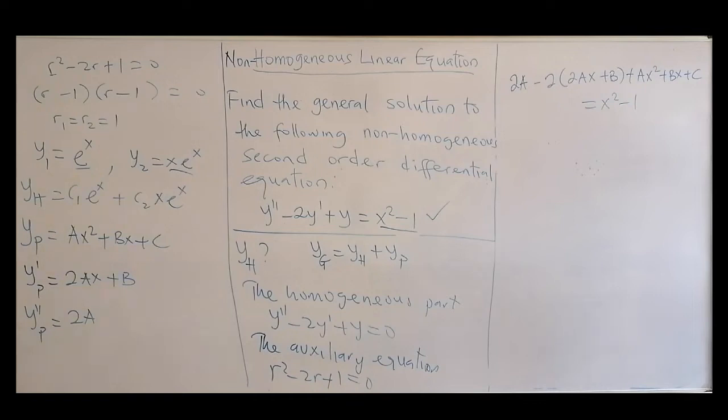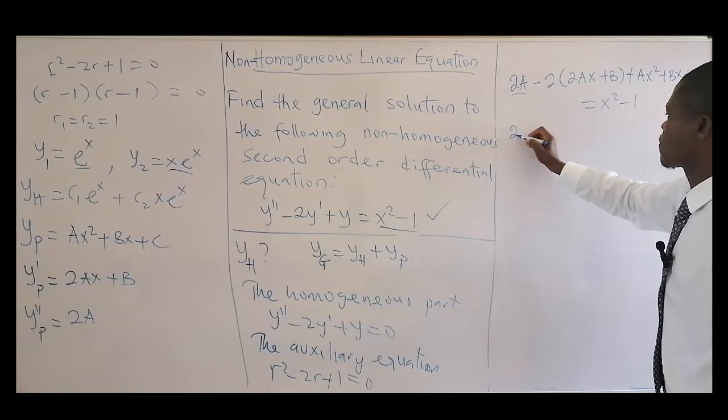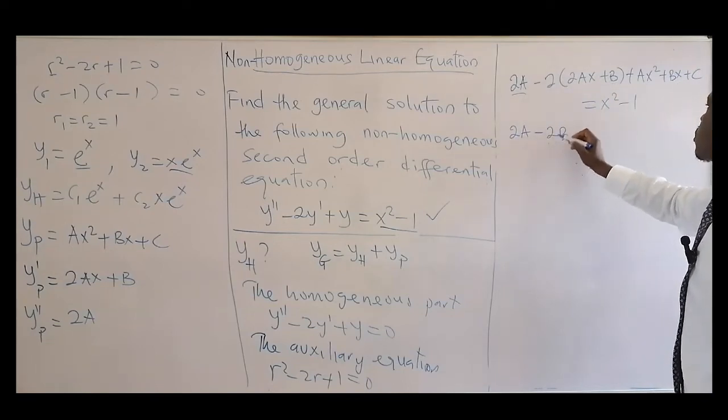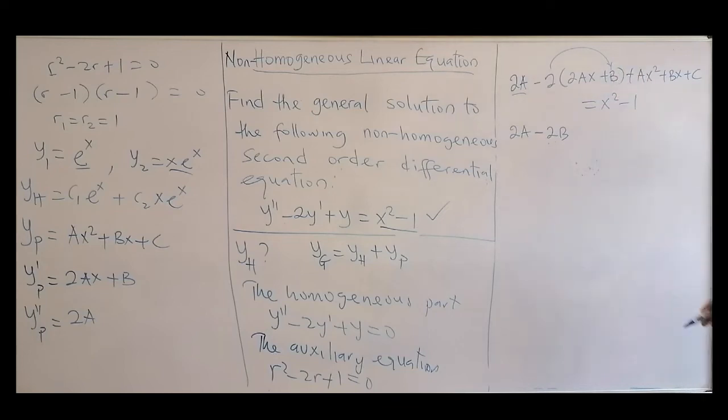We can try to arrange this according to their coefficients. We have the constant here, 2a. We have also here minus 2b, which is a constant. You open that, minus 2b. Another constant we have is c. Let's see another one, the terms attached to x.